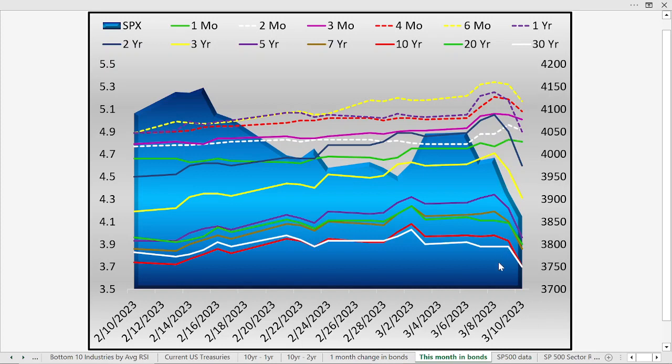And then, of course, at the bottom, we have the longer term maturities, like the 30-year, the 20-year, etc. So we see a very steady trend in all treasuries. Yields have really started to go down, and this is something that's happened very, very recently. We saw these treasuries hit spikes earlier this week. The last couple trading days really shows us a change in the direction of these markets.